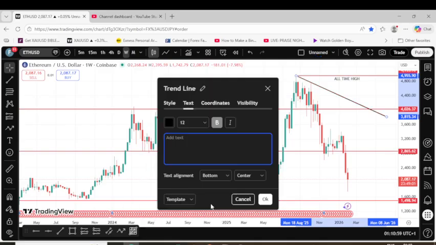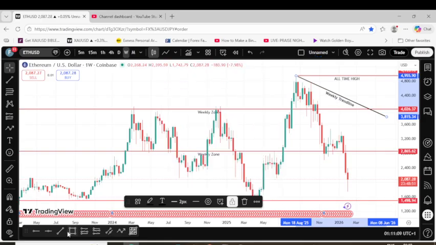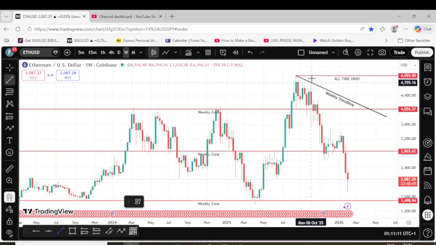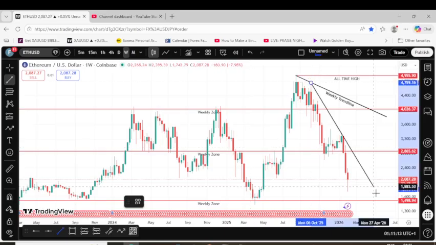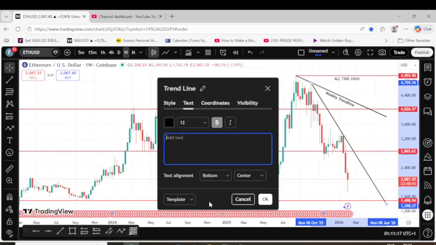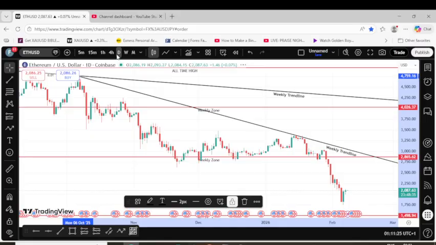This will be our weekly trend line. We can also draw another one here like this across. So this will be a second weekly trend line.